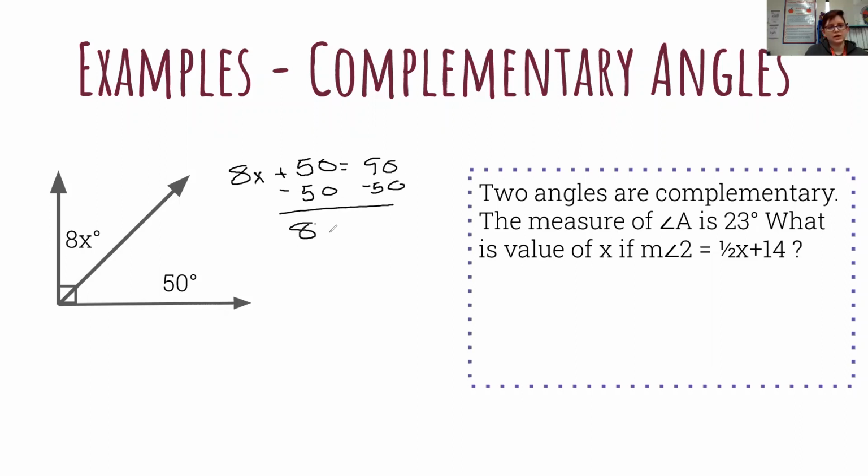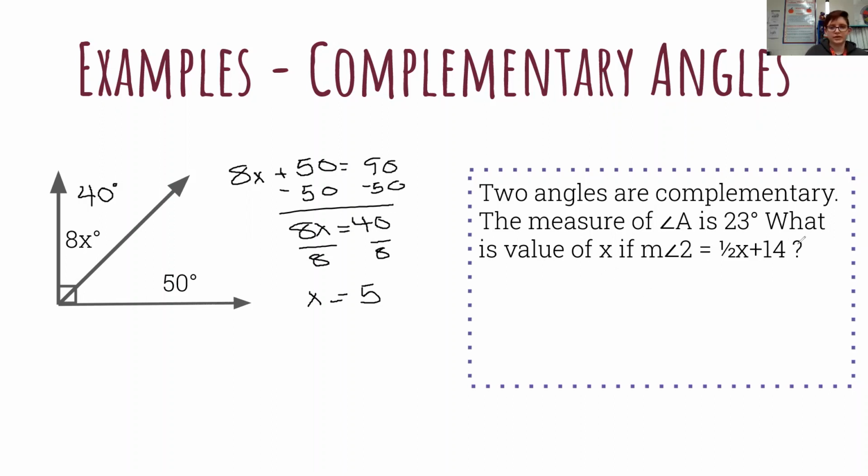So we get that 8x equals 40 degrees. Divide by 8. X equals 5. And so we know that x is 5. This is not 5 degrees because the whole angle is 8 times x, which is 40. So the angle measures 40 degrees. And 5 is just part of it.